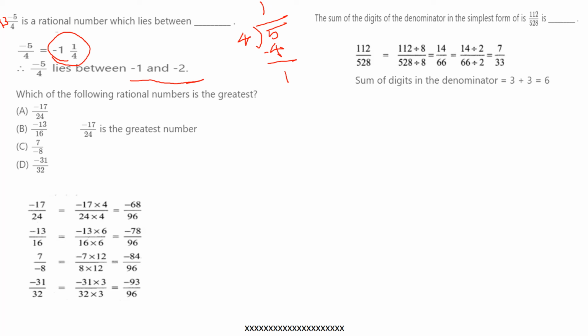Next, 14th sum. Which of the following rational numbers is the greatest? For this, we have to find out the LCM of all the denominators. That is 24, 16, 8, 32. So, 2 table: 2 2s are 4, 8 2s are 16, 12 by 2 is 6, 6 2s are 12.